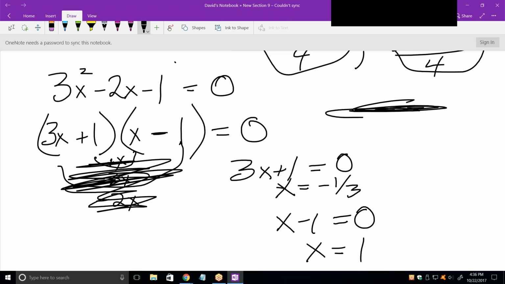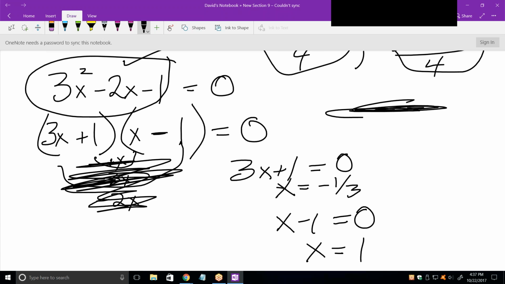I couldn't tell when I first looked at this whether it could be factored or not. So I decided to give it one shot because there weren't really many choices. It's either minus 1 here and plus 1 there, or the other way around. There's only 2 choices that I had to look at. And sure enough, one of them was right. It could be factored. So this one was certainly worth the time spent trying to factor it.